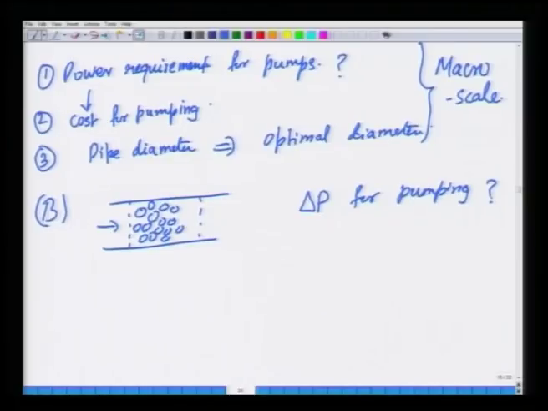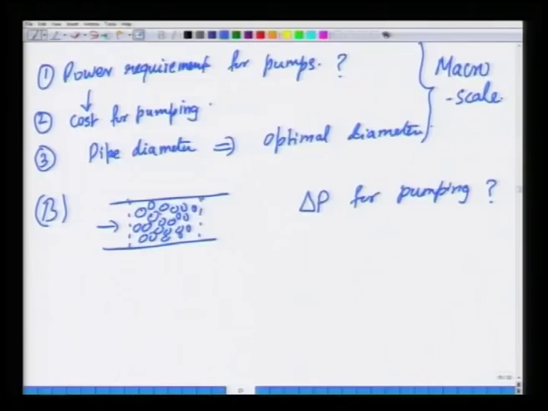Because of these particles, the fluid will face an additional drag force. So, you need to know the pressure drop required to pump the fluid, and the pressure drop will also have an implication not just in the flow, but also in other factors such as chemical reactions that happen at these solid surfaces.